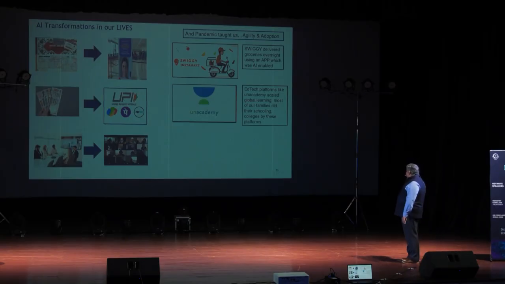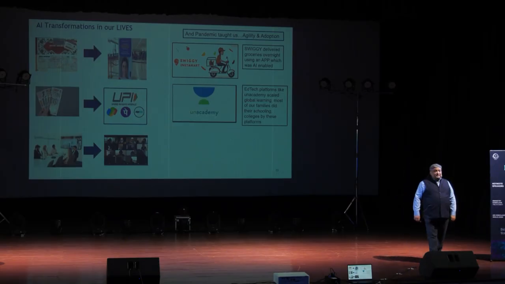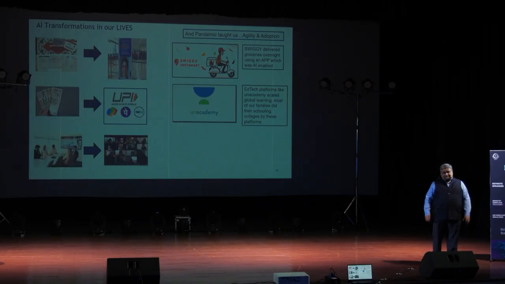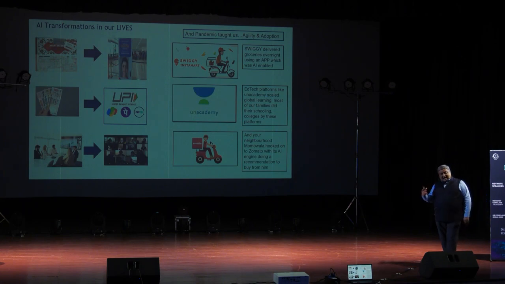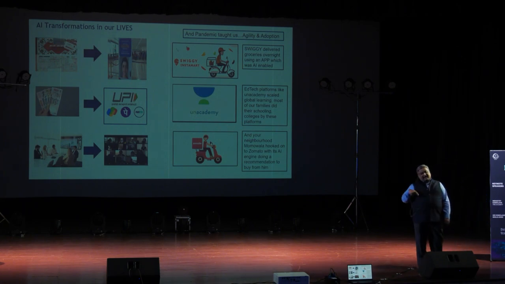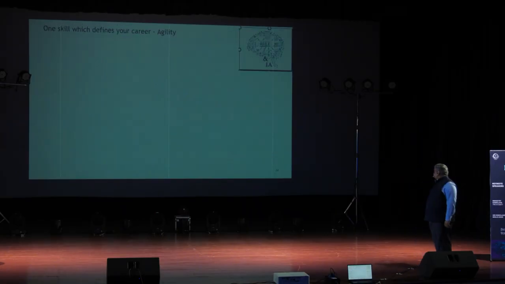An EdTech platform that scaled global learning. Families did schooling, colleging, and whatever. Zomato, your neighborhood Momowala was on Zomato, and AI knew that it had to recommend, because of your location, that your Momowala is available on Zomato. That's how your lives are changing using AI, right?